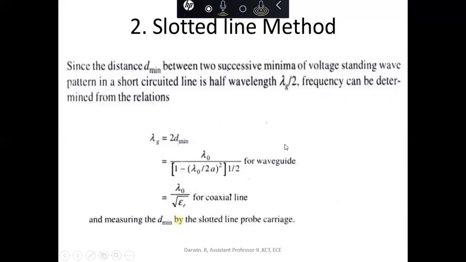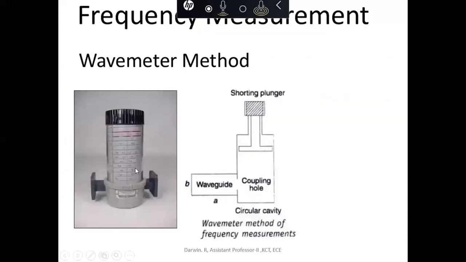This is one other method, which is also simple, but not that simple when compared to the wave meter, which is a direct one. You can rotate the short circuit plunger knob, and directly find the frequency from the chart shown in that wave meter. You can note it directly and write down the frequency.